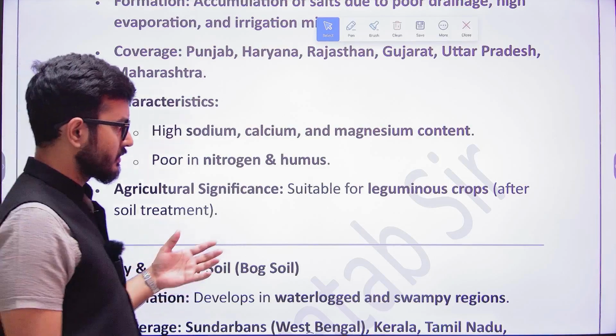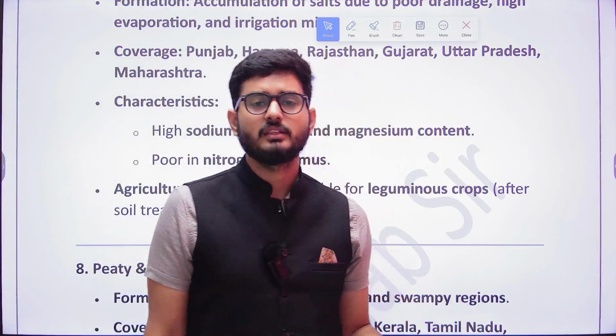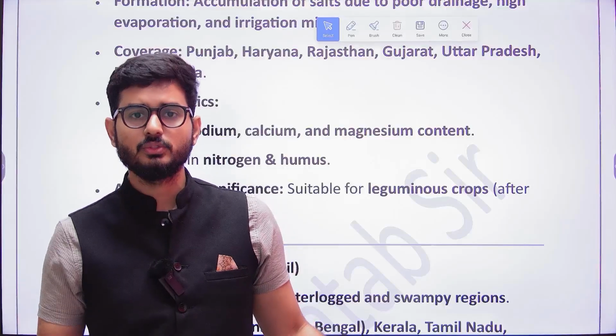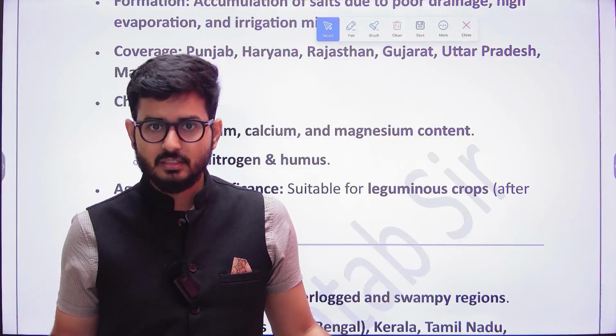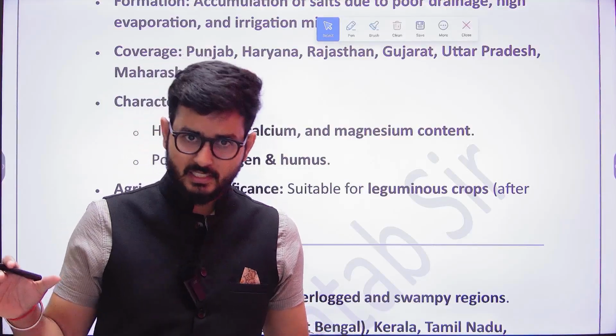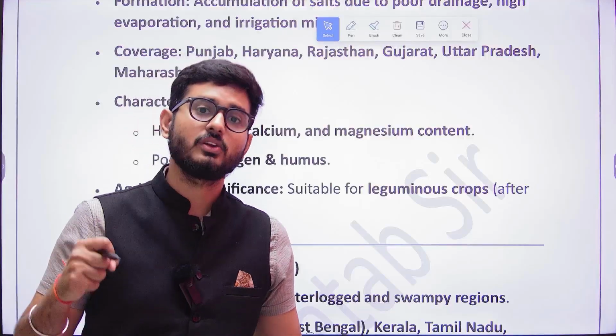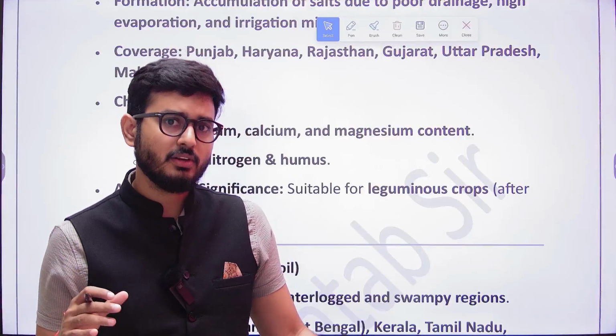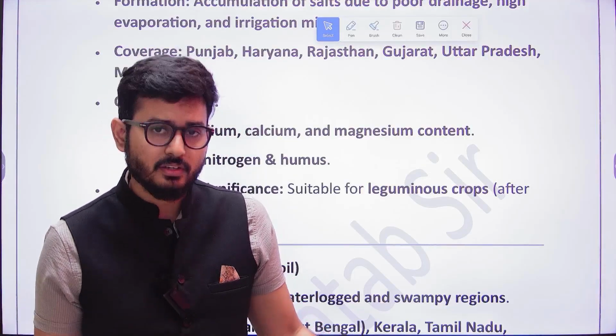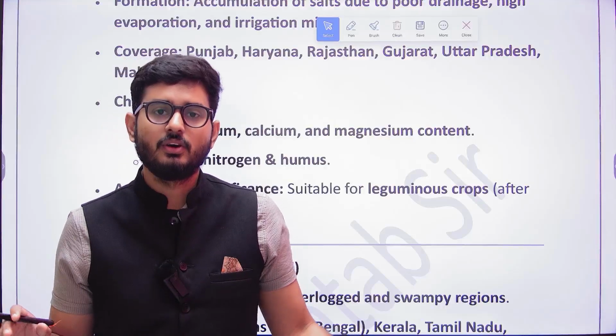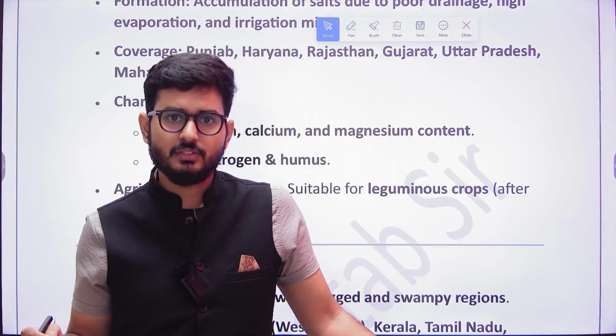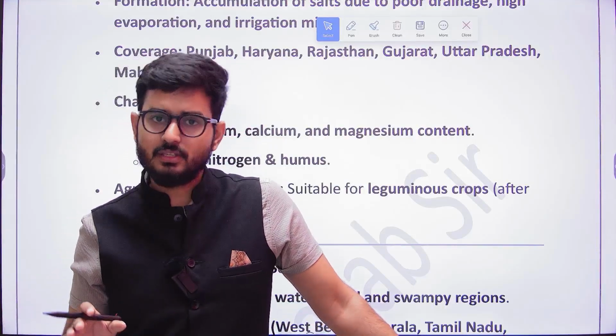Leguminous crops are basically those crops that provide nutrition to the soil. Crops that only extract nutrition from the soil are non-leguminous. But the crops that also provide nutrition in return to the soil are known as leguminous. For example, pulses are leguminous crops.